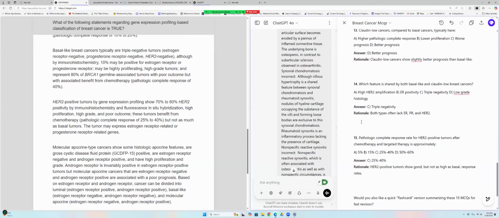Which feature is shared by both basal-like and claudin-low breast cancers? Triple negative. Why do claudin-low breast cancers have triple negative status in the first place?